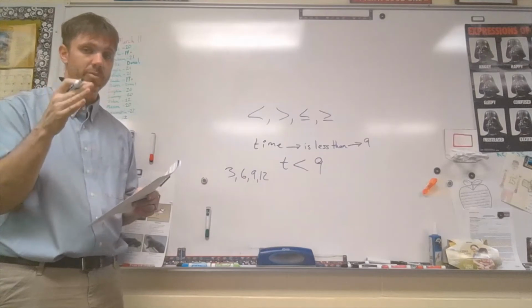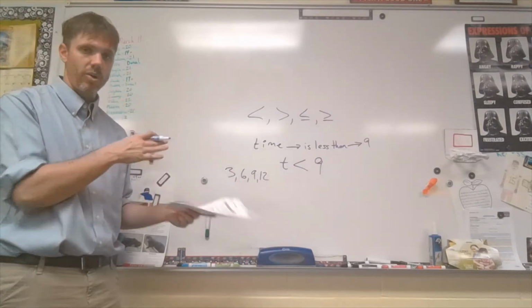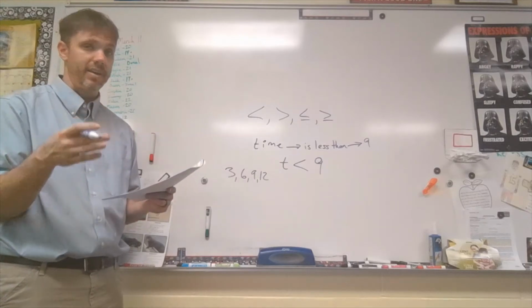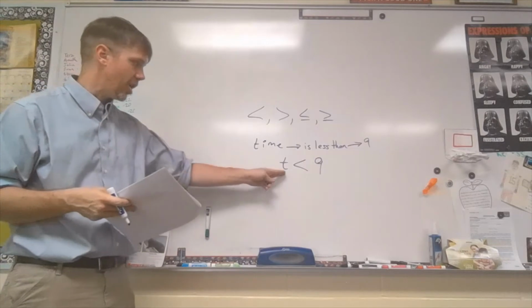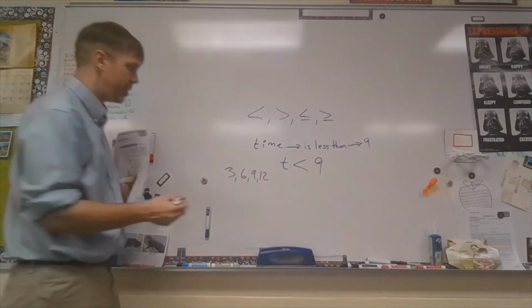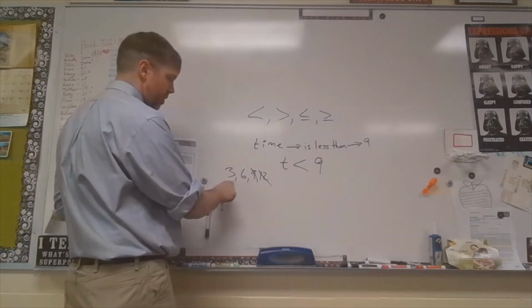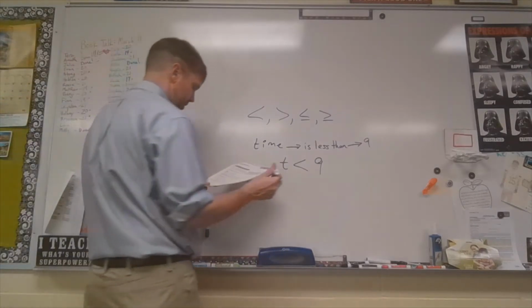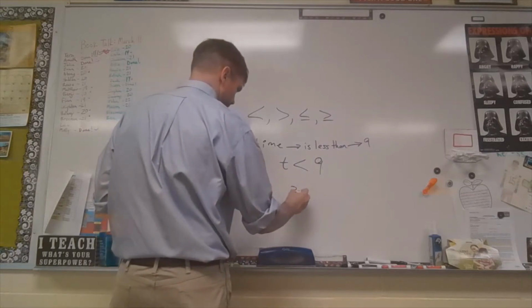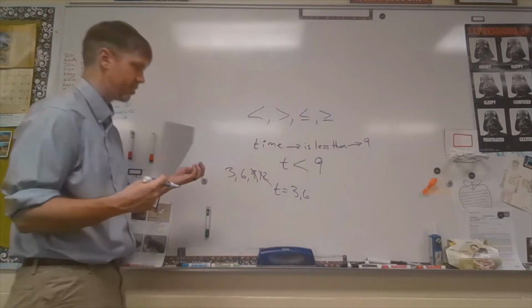He promises that they will be at least that old or younger, basically. Once they hit that 9 minute mark, he's got to throw them away or something. So this one doesn't work and this one doesn't work, which means that T could equal either 3 or 6. So when you wrote that, you would just write T equals 3 or 6.